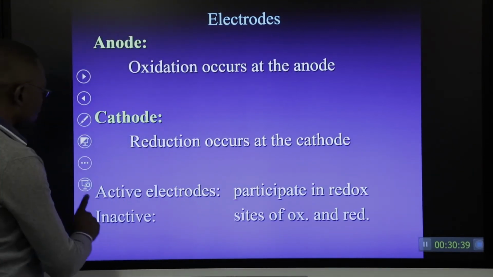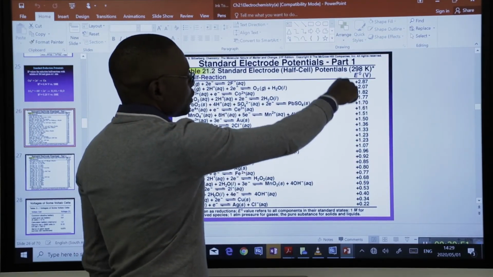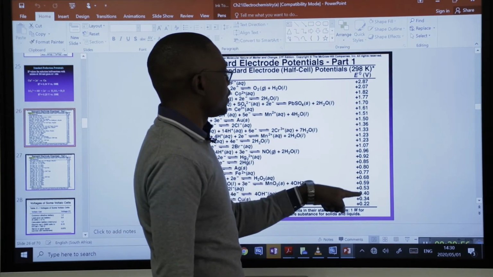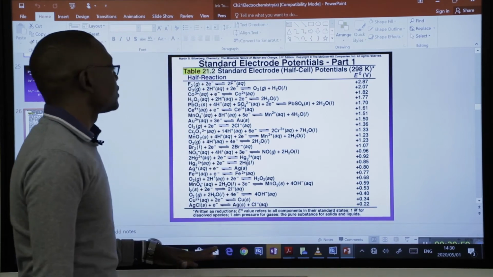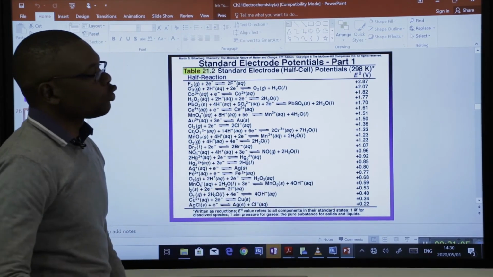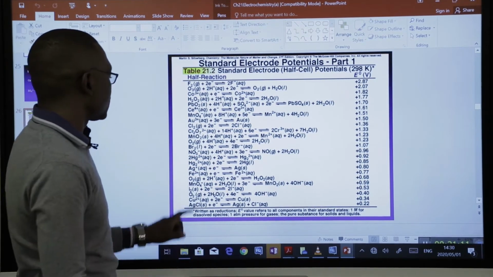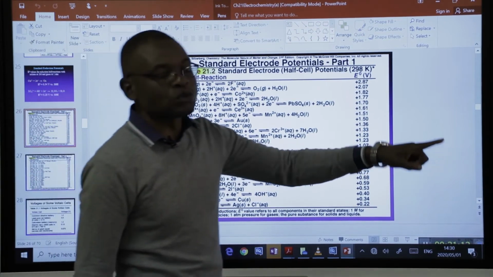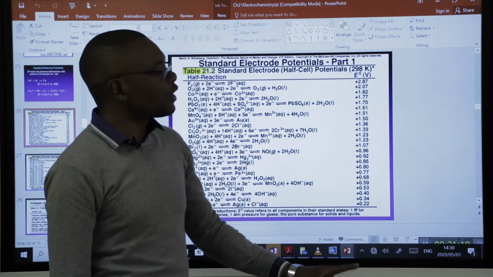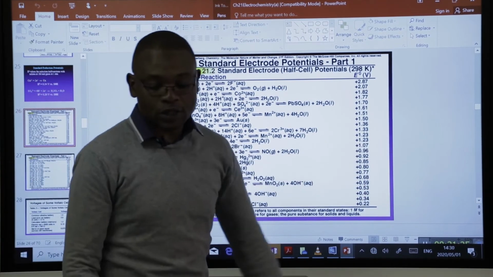As we go down, the standard electrode potentials are decreasing, meaning these materials are becoming more reactive. So silver is going to competitively replace copper in its compounds, since silver has a more negative standard potential value than that of copper.